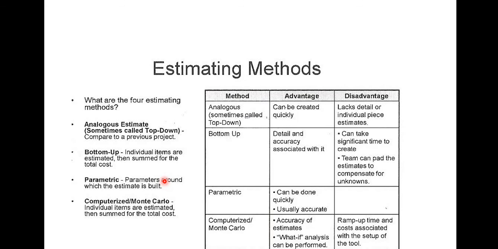The next one is parametric. This is based on available parameters, so it can be done quickly and it's usually accurate. And this is simple because the information you will need is already with you. For example, if you are trying to calculate how much you need to pay a consultant, you just need to know how much this consultant charges per hour.